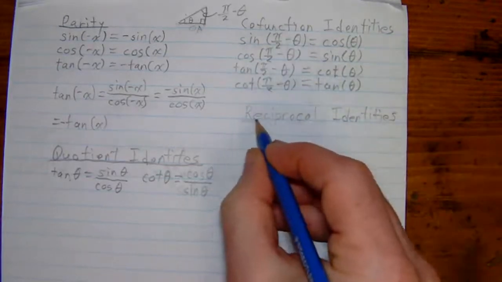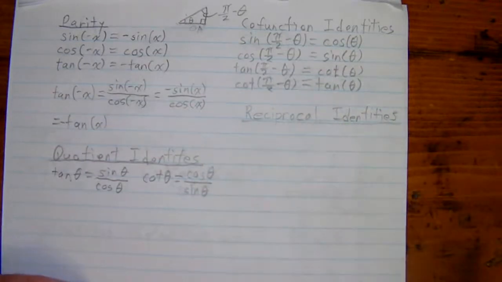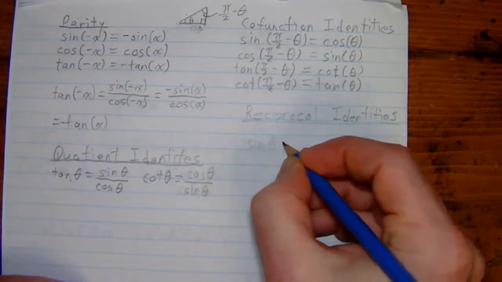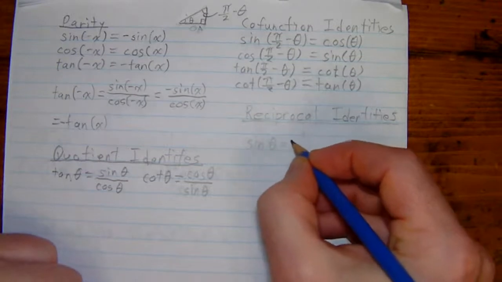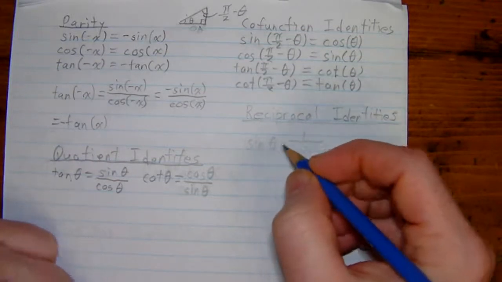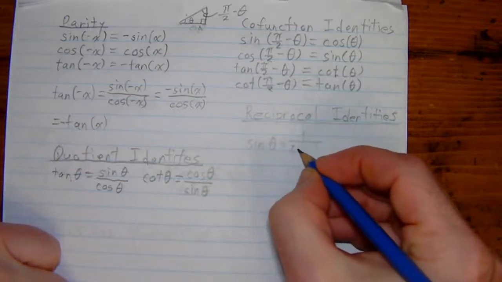But we do use them as we're solving identities, and they are equal to each other. So in that sense, they're identities. So the first one is sine theta equals 1 over, in other words, the reciprocal. It's always a little tricky to remember. I just try to remember their crossover.